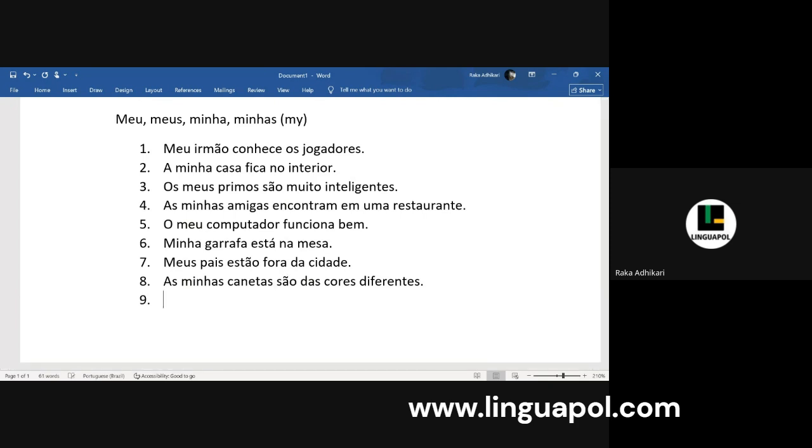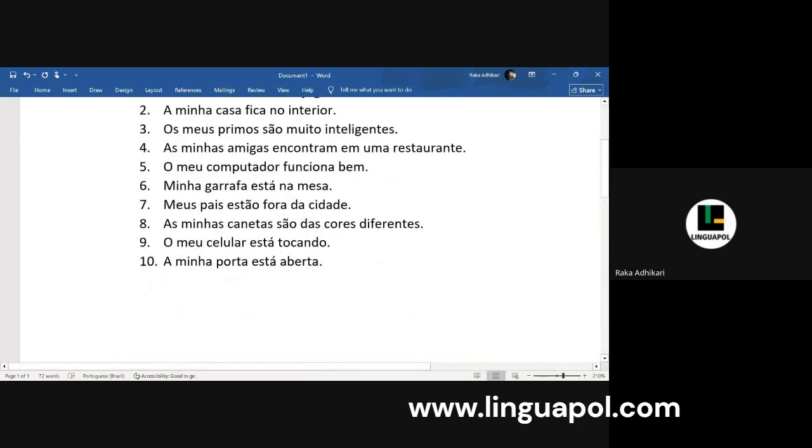Let me give you some more examples quickly. O meu celular está tocando. My cell phone is ringing. A minha porta está aberta. My door is open.